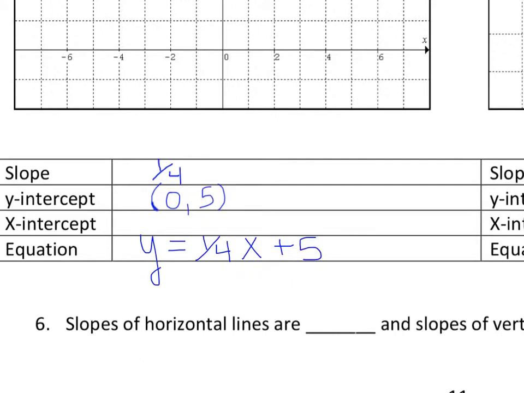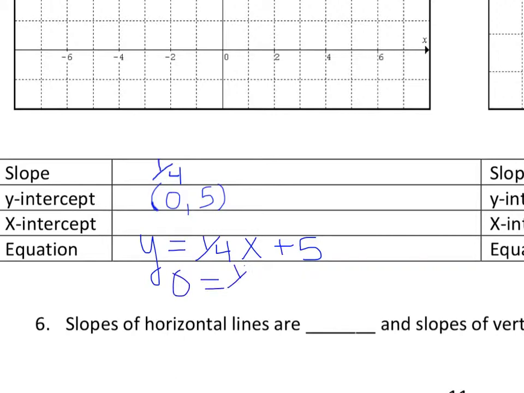So the x-intercept is going to be where the line crosses the x-axis. So y would be 0. When we're crossing the x-axis, y is 0.